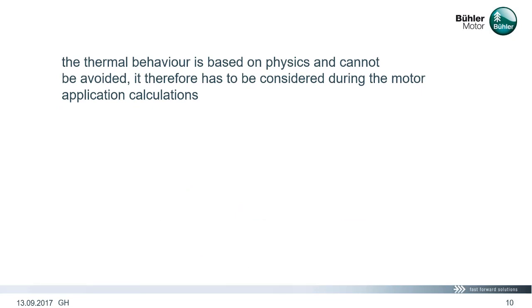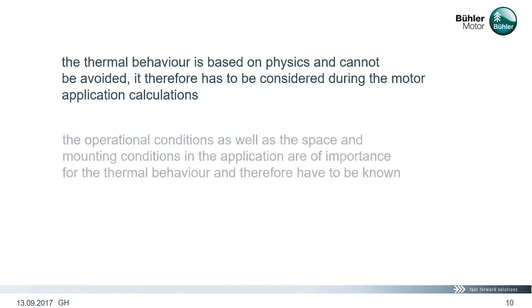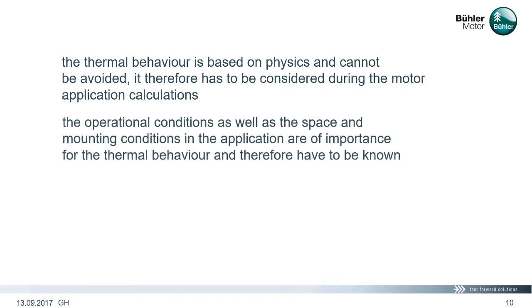The thermal behavior is based on physics and cannot be avoided. It therefore has to be considered during the motor application calculations. The operational conditions as well as space and mounting conditions in the application are of importance for the thermal behavior and therefore have to be known.